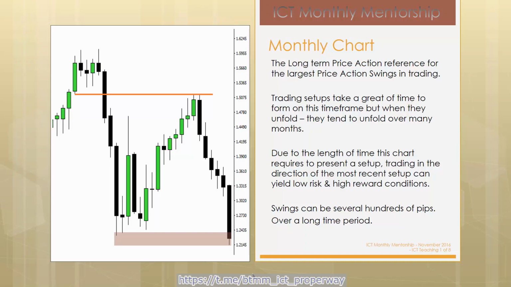If you see that, the reasonable expectation would be, okay, there's some equal lows down there. It's probably going to take a long time to do it. But between the 151 level and the 122 level, there's our range. So between those two reference points, we have a known range to work within. Now, again, this is a monthly chart.